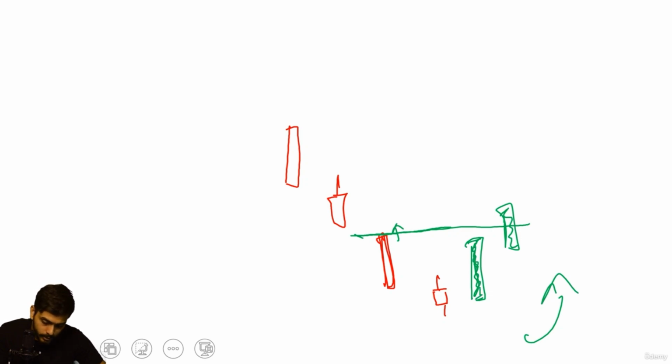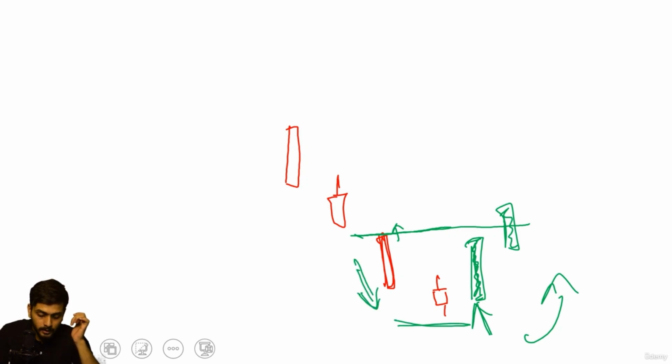After a bullish engulfing, what does this suggest? This suggests strength, that the bulls are winning the battle here. Bears were trying to push the market down, but the bulls had a draw here, and they have started winning the battle, and this is the confirmation of them winning and pushing the market upwards.